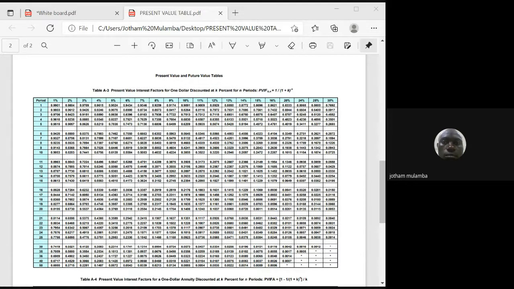Now, the next one? 0.4190. And the last one? 0.3521. Now, calculate the NPV and share your response.